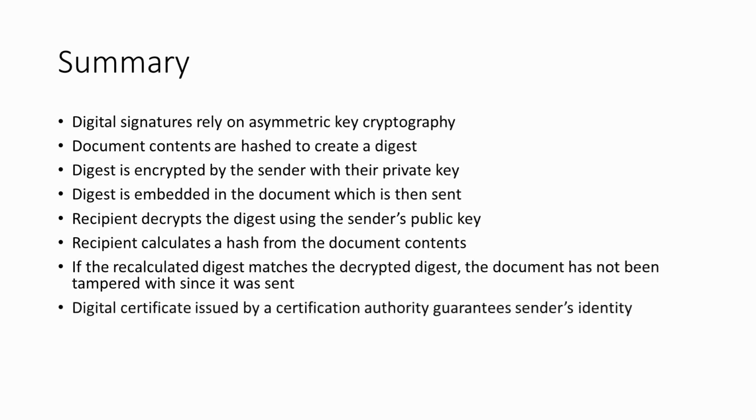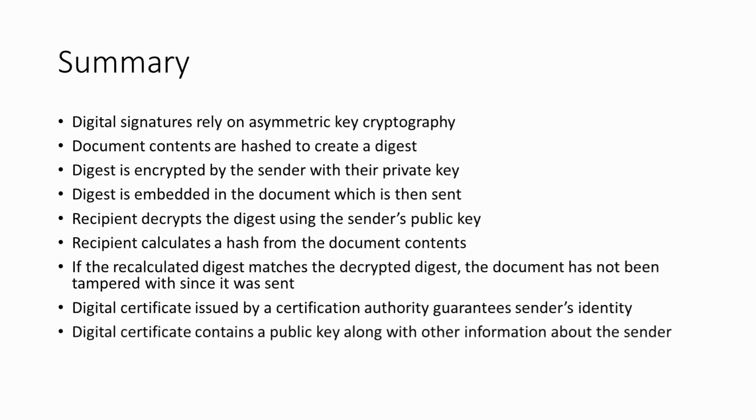A digital certificate is issued by a certification authority, which guarantees the sender's identity. The digital certificate contains a public key, along with other information about the sender, and an expiry date.